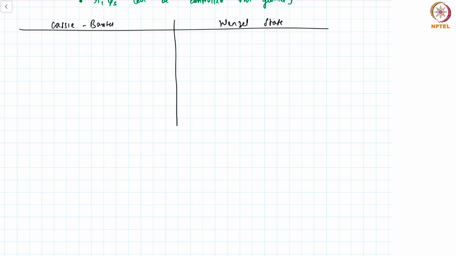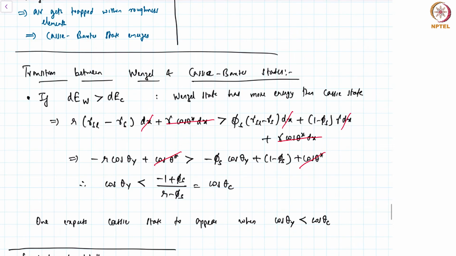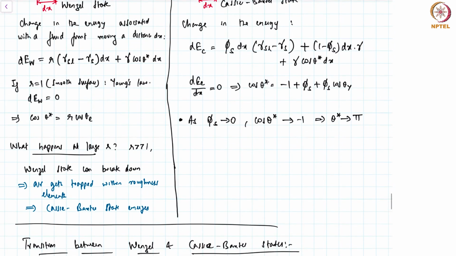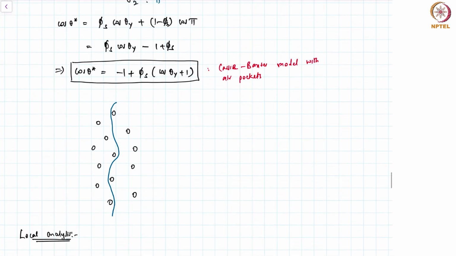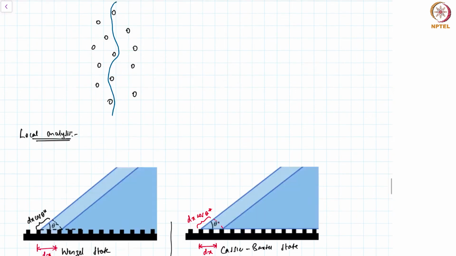In the Cassie-Baxter state, cosine of theta star, let's call it Cassie-Baxter. What was the expression that we had for cosine of Cassie-Baxter? We had minus 1 plus phi s into cos theta y plus 1. So let's write that down.